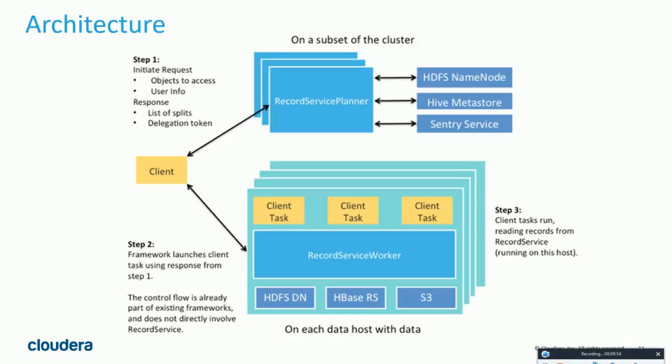Each worker node talks directly to the data node, which are here the HDFS, HBase, and S3, which is the storage, to read the data and then perform the computation. A good way to think about it is that the planner is a layer of abstraction over the metadata service, and the worker provides a layer of abstraction over data storage, which is the data nodes.